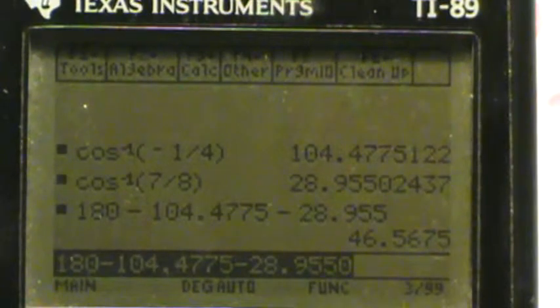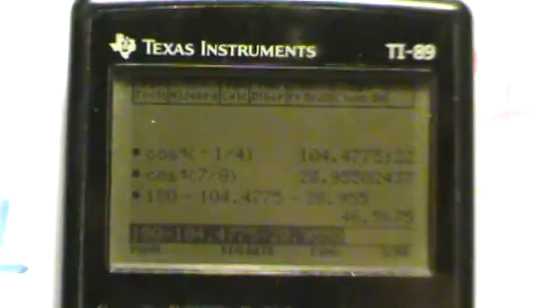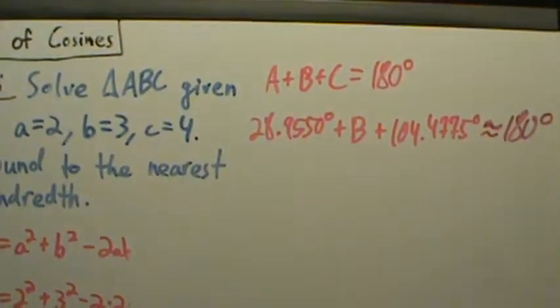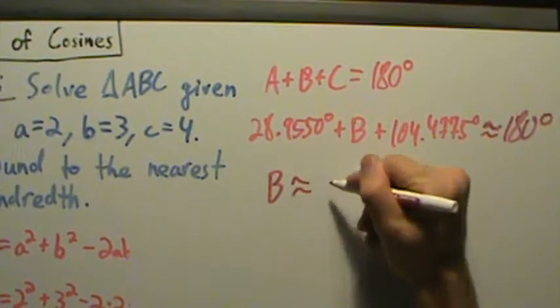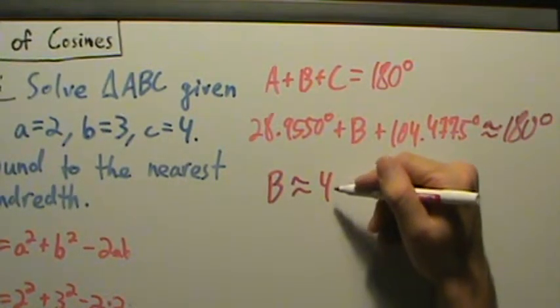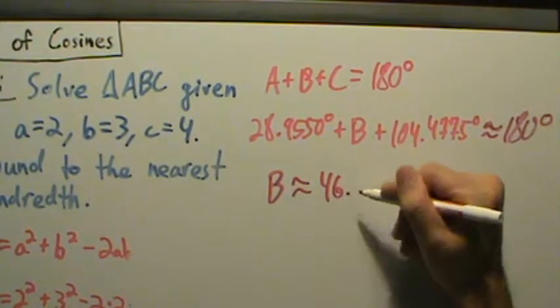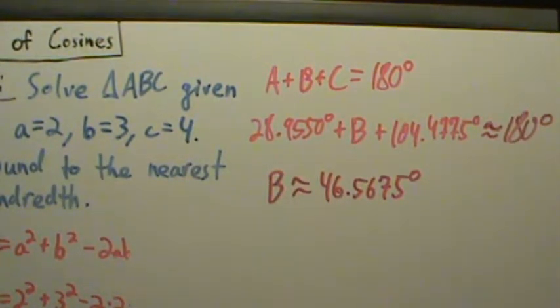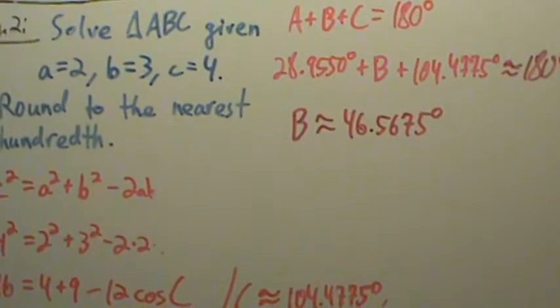And that's about 46.5675 degrees. So now B is approximately 46.5675 degrees. Okay, so now that's pretty much it.